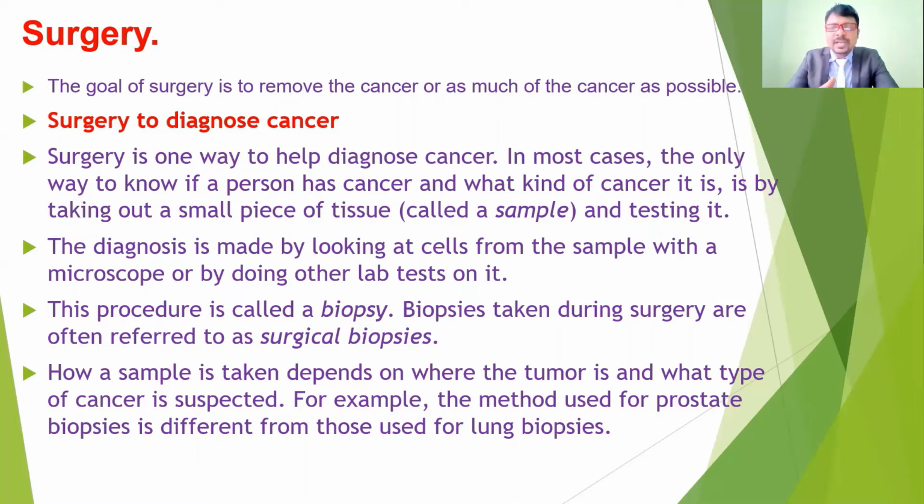Then we can do histopathological lab work to identify the pathological abnormalities and rule out the type of the cancer. Then we can do the treatment procedure according to the tumor or cancer type. This diagnosis is made by looking at the cells from the sample under a microscope and doing other lab tests on it.